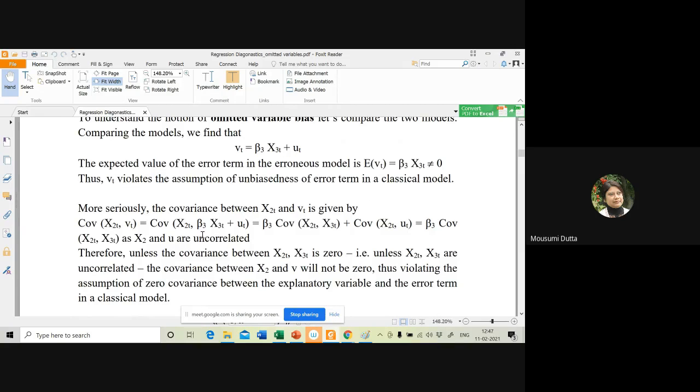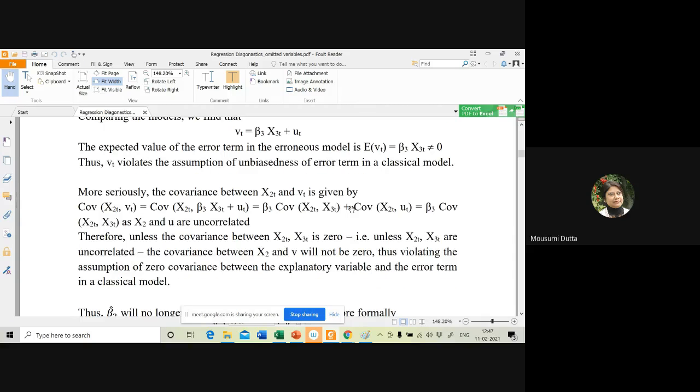More seriously, the covariance between x2t and Vt is given by cov of x2t and Vt, which is beta 3 x3t plus ut. So if I proceed, this is equal to beta 3 covariance of x2t and x3t plus covariance of x2t and ut.